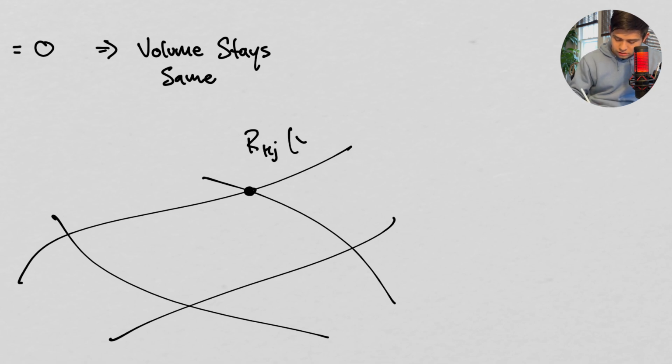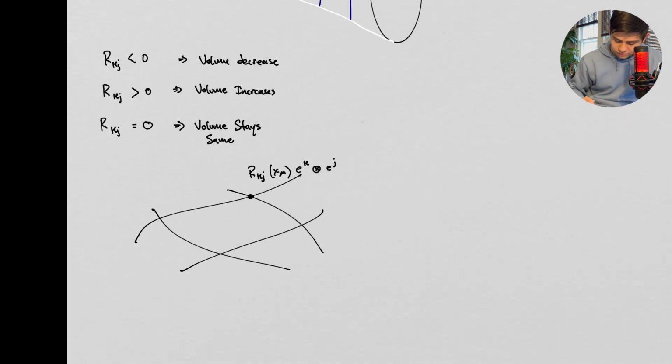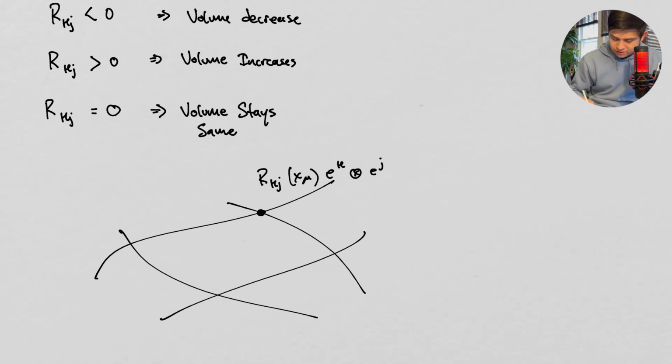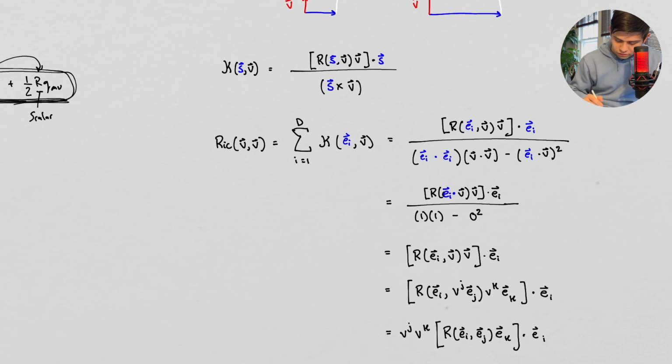Again, the Ricci tensor is a function of space-time. It has its basis, EK, EJ, and gobbles up two vectors, right? We've seen that already. It gobbles up a separation vector. So this one is, say, the separation vector, and this one is the vector that's being transported.